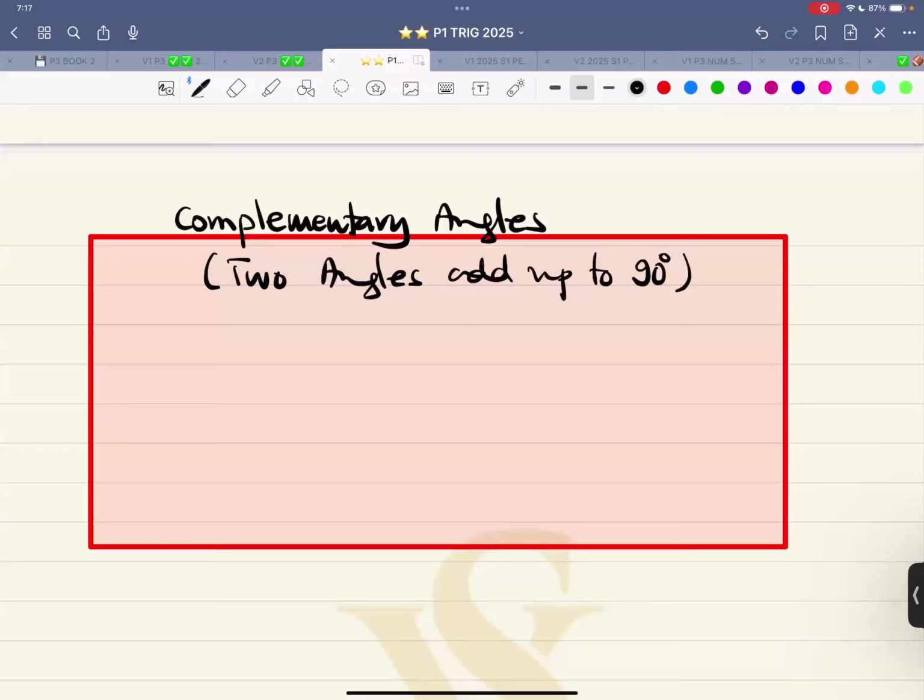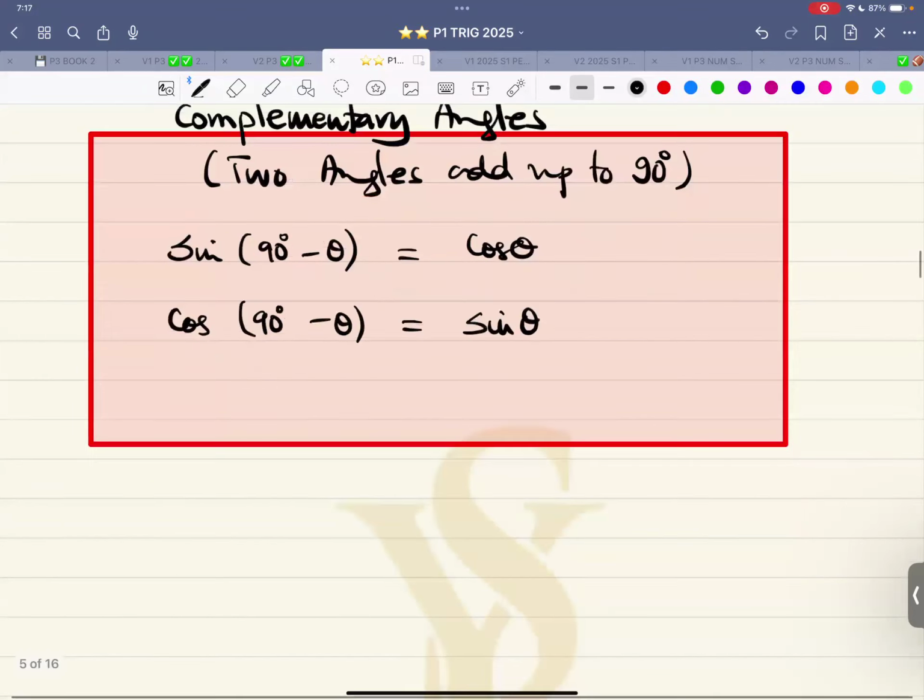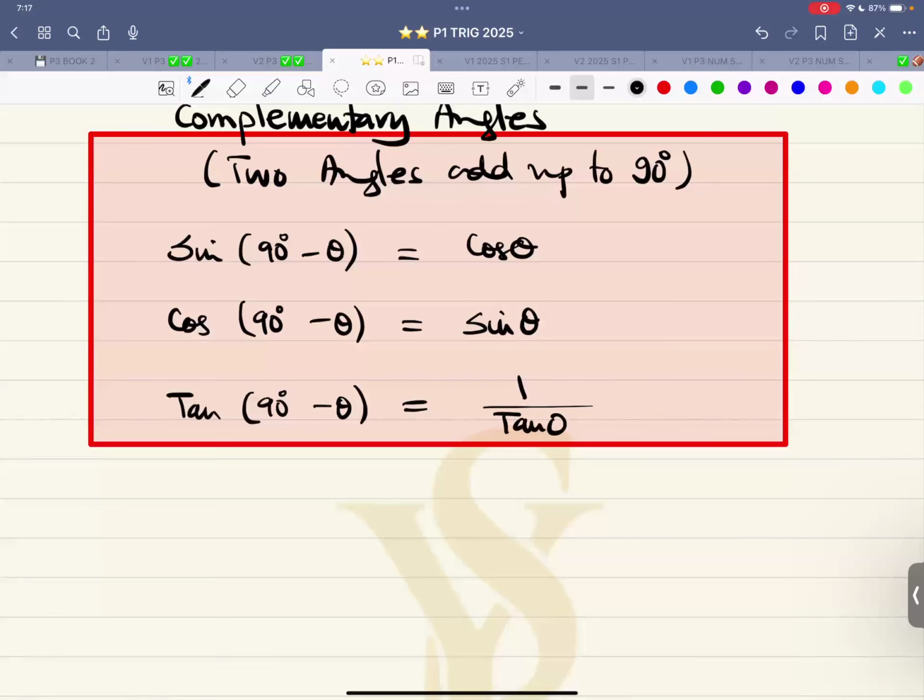The sine of one of them, sine of 90 minus theta, should be the same thing as cosine of theta. Cosine of 90 minus theta should be sine theta. Tangent of 90 minus theta should be 1 over tangent of theta.